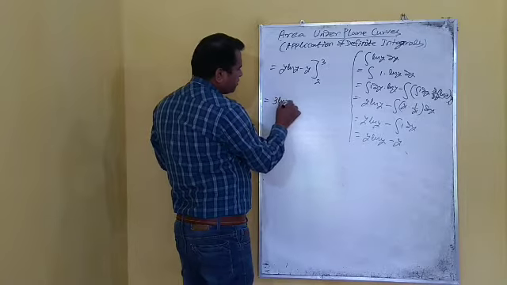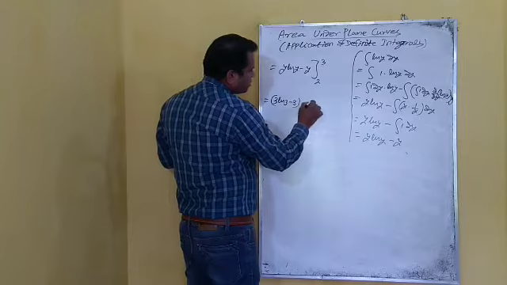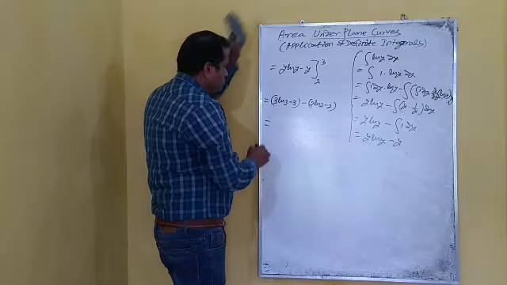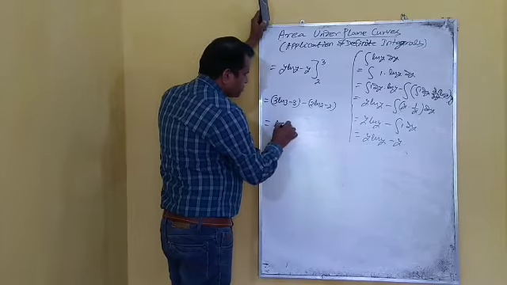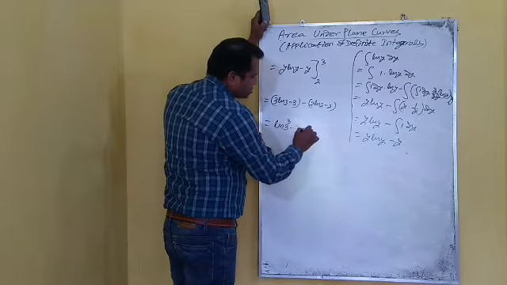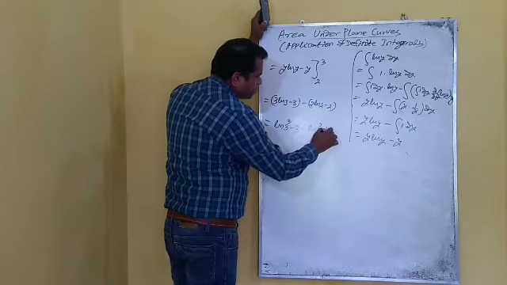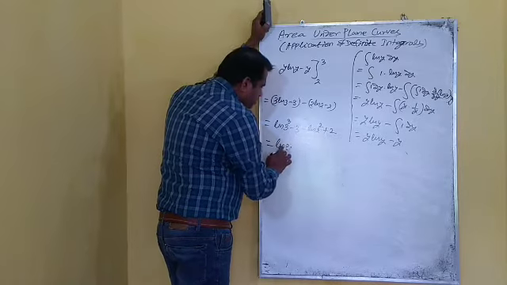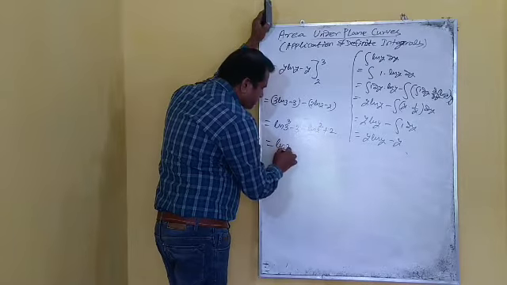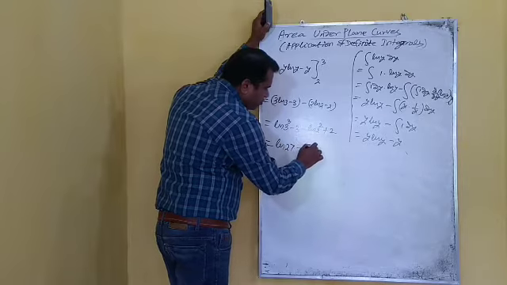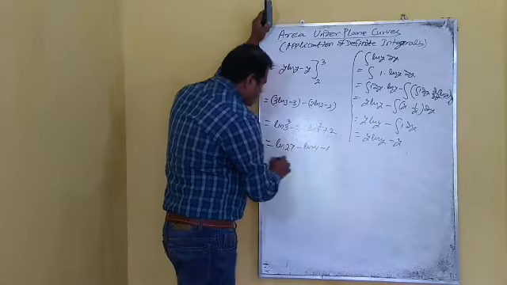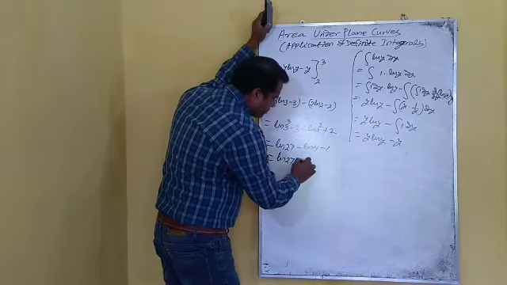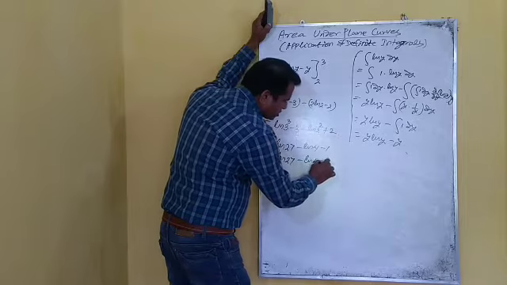That equals 3 ln 3 minus 3 minus 2 ln 2 minus 2, that equals ln 3 cube minus 3 minus ln 2 square plus 2, that equals ln 27 minus ln 4 minus 1, that equals ln 27 minus ln 4 minus ln e.